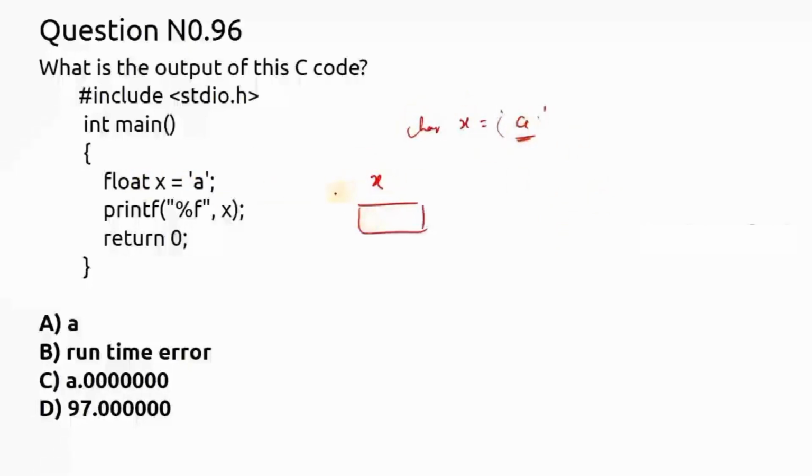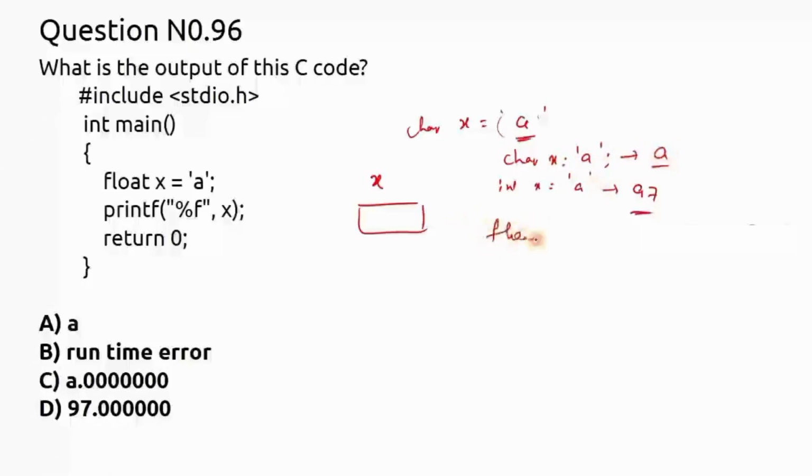If it is assigned to int x, now the value will become 97. Anyway, this is an ASCII value. If it is char x, the value will be A.